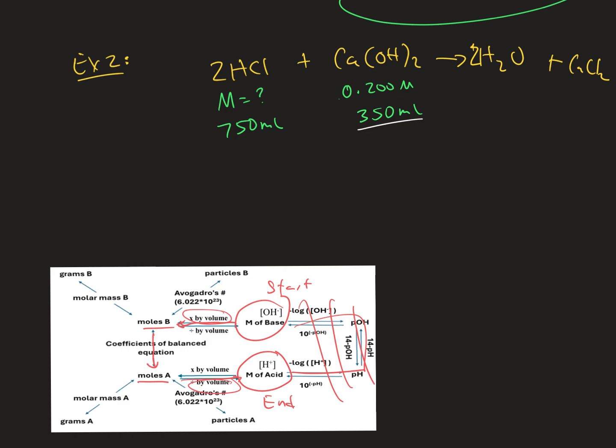No big deal. So let's just start with 0.200 moles of Ca(OH)2 to 1 liter of solution. I use that, I'm not going to use that again. Now I multiply by my volume.